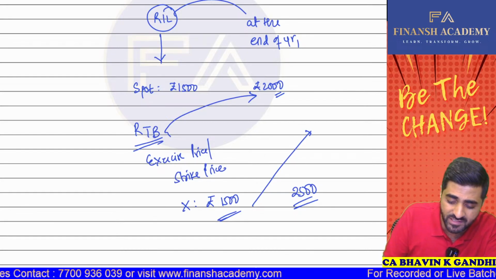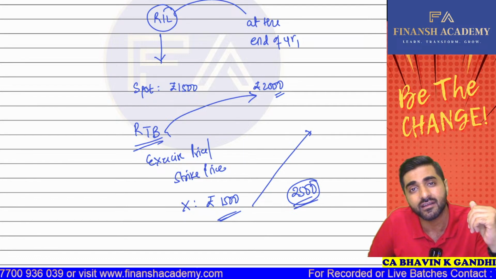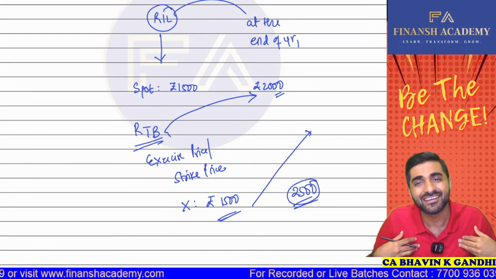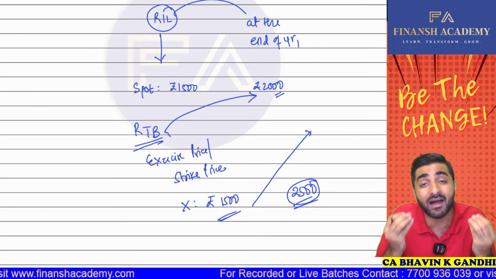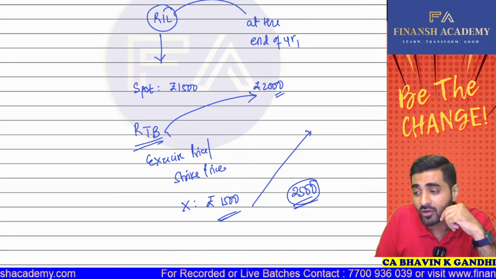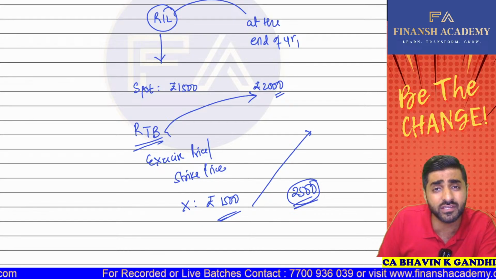So what is actually the market price? The market price at the end of year one is 2500. I will definitely execute this right because there is a contract which gives me a right to buy the particular asset at 1500 rupees. So does it make sense to execute the contract? Come on, yes or no?